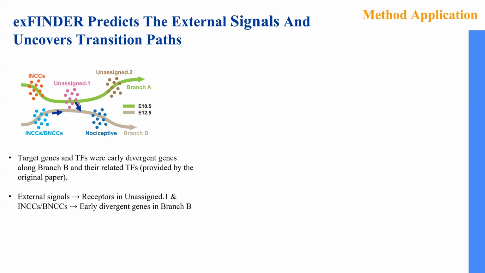We use these early divergent genes of branch B as our target genes. We want to test the hypothesis that some external signals can activate the receptors in both of these two groups, and then those receptors can activate the early divergent genes in branch B. That means these two can also contribute to the differentiation along branch B.